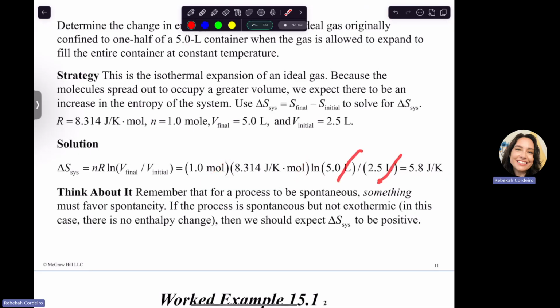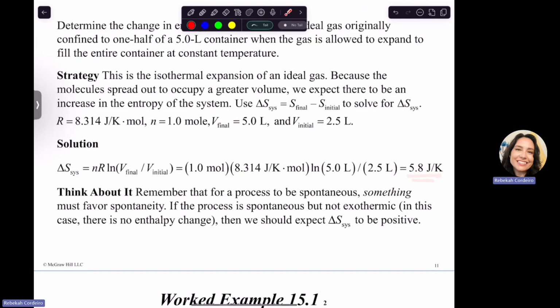And the liters would cancel each other out because they're on top of each other in the fraction. So this is positive. It would favor spontaneity, like this would be favorable. They didn't tell us the enthalpy change here, so we can't really tell what's going on with that. But this is saying that, yeah, that'll probably be a thing that happens.